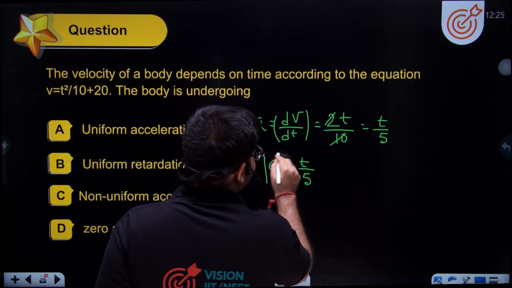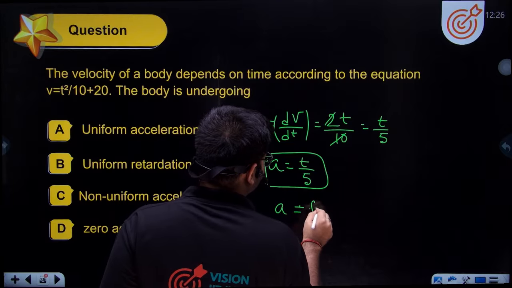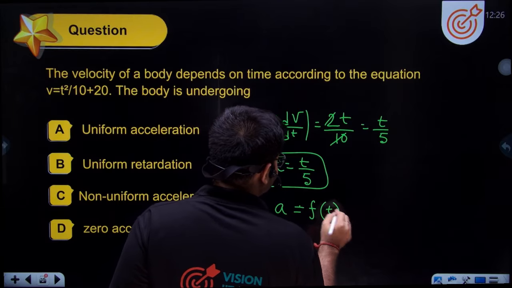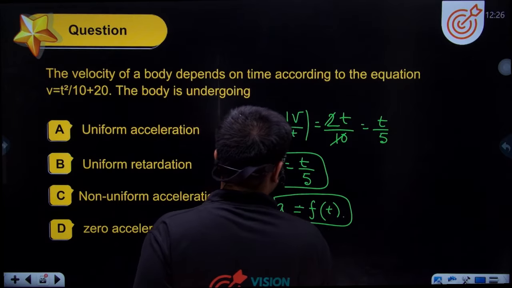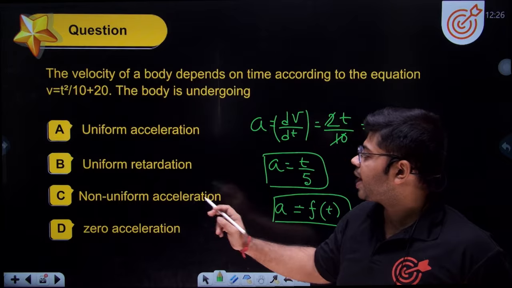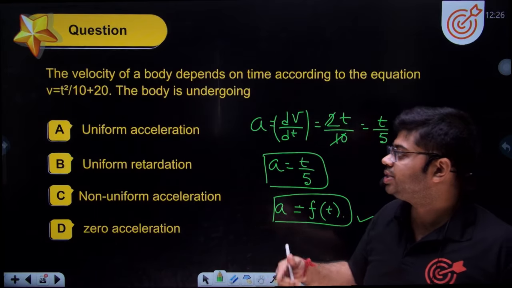It means that acceleration is a function of time. So as acceleration is a function of time, I can say that the acceleration is linearly increasing with time. So it is basically a non-uniform acceleration, because the acceleration is not uniform, it is changing with time.